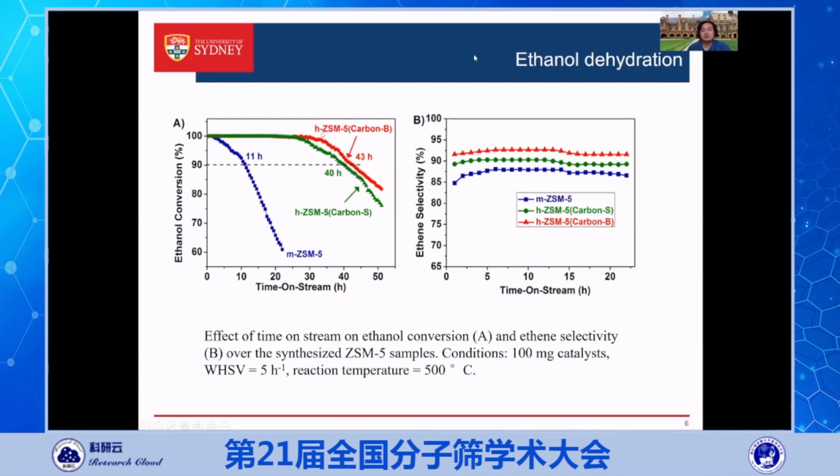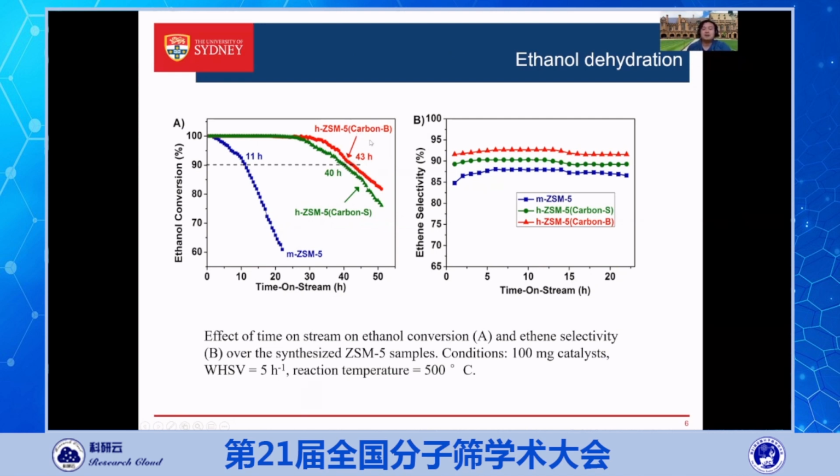And if we increase the pore size, using a small carbon template particle, if mesoporosity is introduced, we can see that the performance has been strongly enhanced, especially the stability. We start to generate big coke and start the deactivation only after 30 hours.